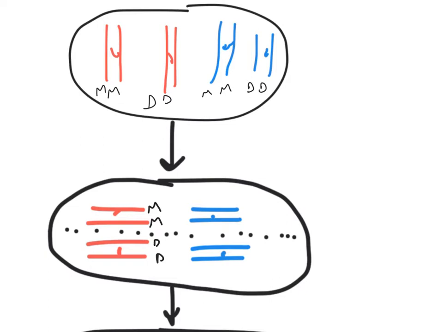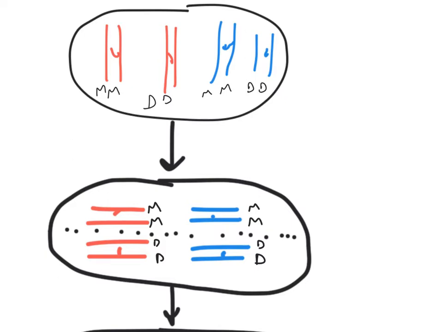So what do we do on the blue chromosomes? It could also be mom, dad, dad, or you can flip it. So I'll do the first one you said. And that's because these chromosomes are totally independent molecules. They line up however they line up at metaphase during the cell cycle.